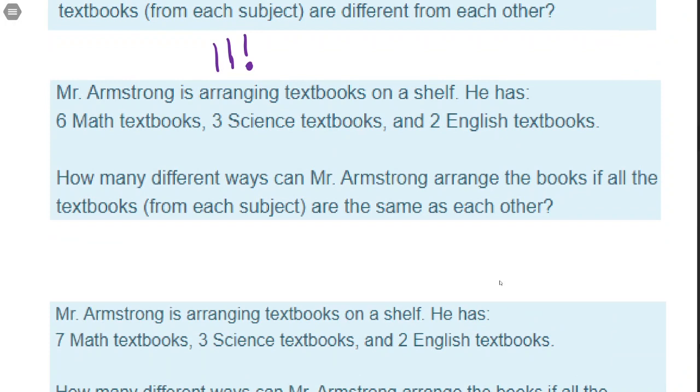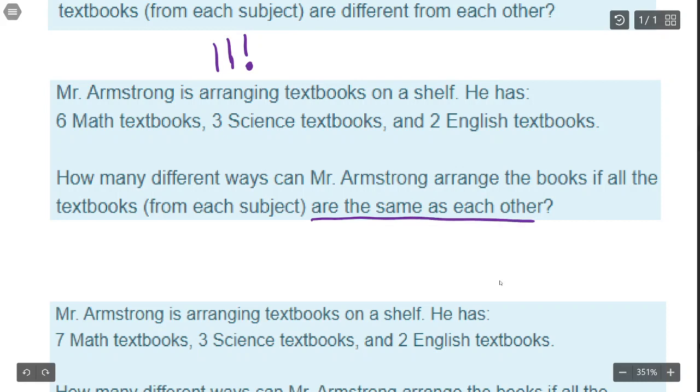Okay, same setup, different number of books. So 6 math, 3 science, 2 English. But how many ways can I arrange the books if all of the textbooks from each subject are the same as each other? So we've got 6 math 30 books, grade 12 math books, 3 physics books, and 2 Shakespeare books. How many different ways can we arrange those?